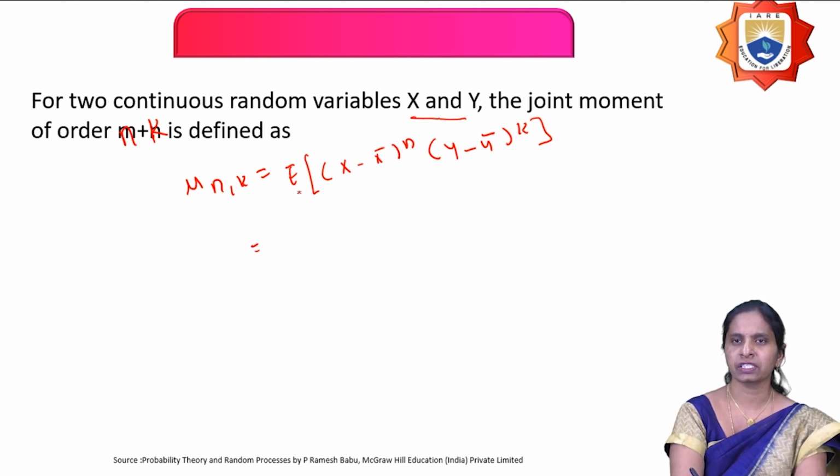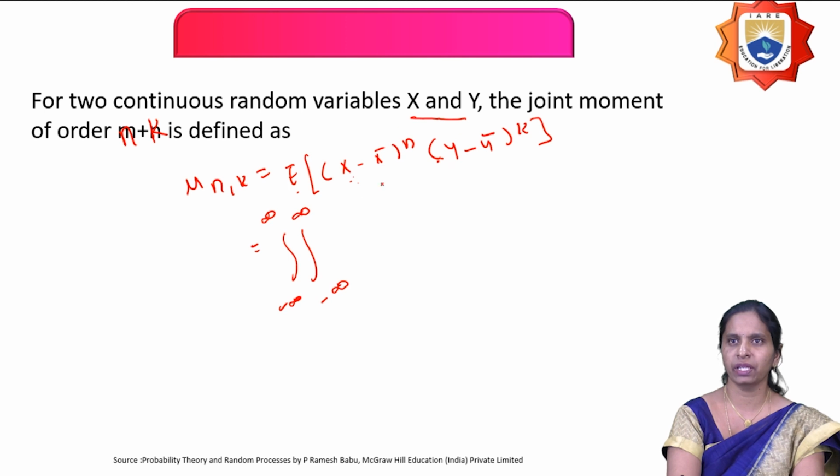How many random variables do you have? Two continuous random variables. So for continuous random variables, to calculate the expectation, we have to take the integration. Since there are two random variables, I am taking the double integration, where x goes from minus infinity and y goes from minus infinity.